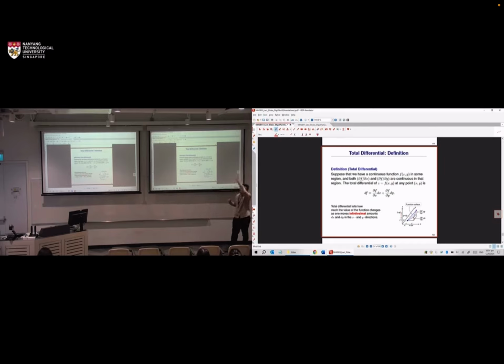It's similar to the single variable world, but that one is only x, now you have y, so you change the x to y. So it's del f del y dy. When you move here, you increase something a bit already, then you move in the y direction, you increment a little bit more. So the total effect, the change in your f, is del f del x times dx plus del f del y times dy.